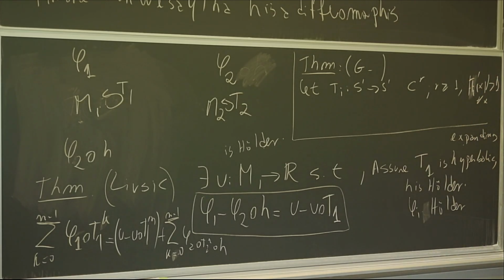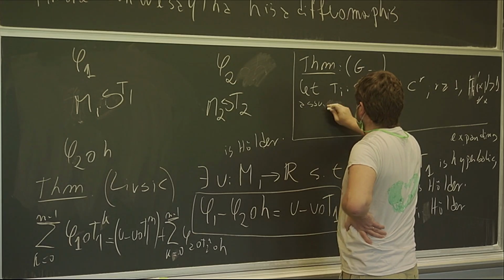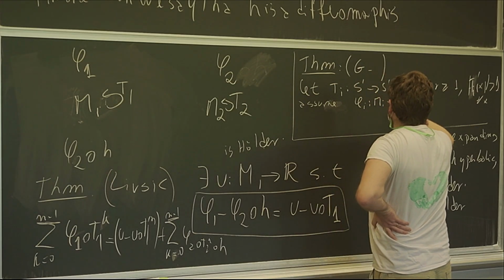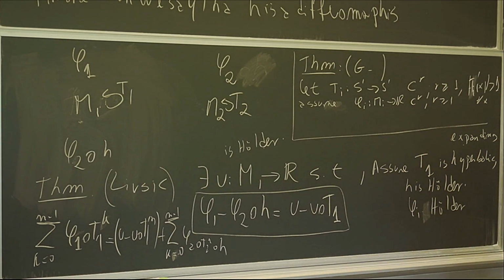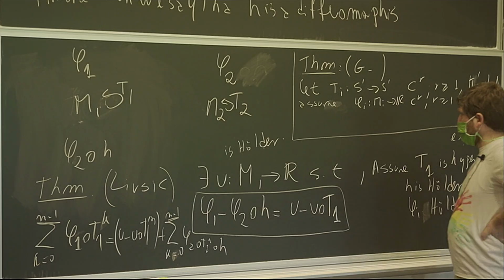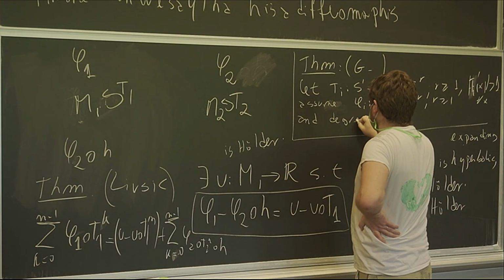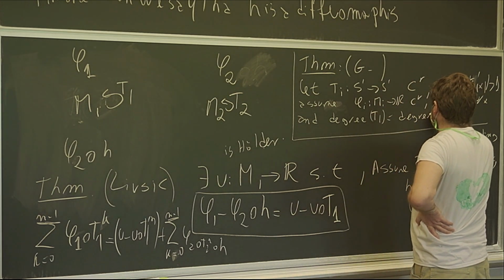So these are the expanding assumptions on the function, and assume the phi i are C^r, again, same differentiability, and the degree of T1 is the same as the degree of T2.